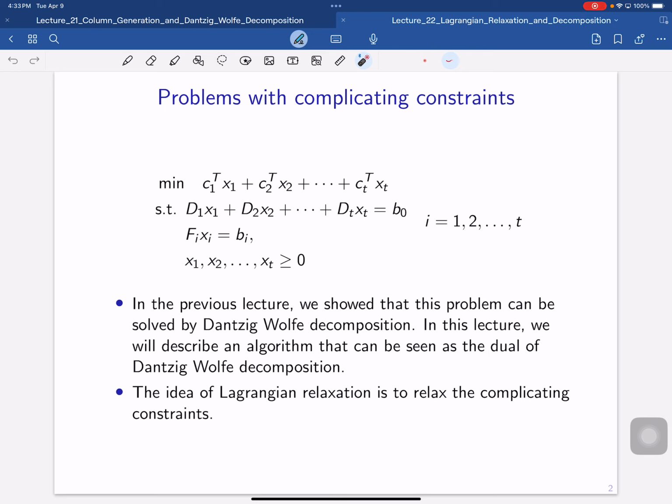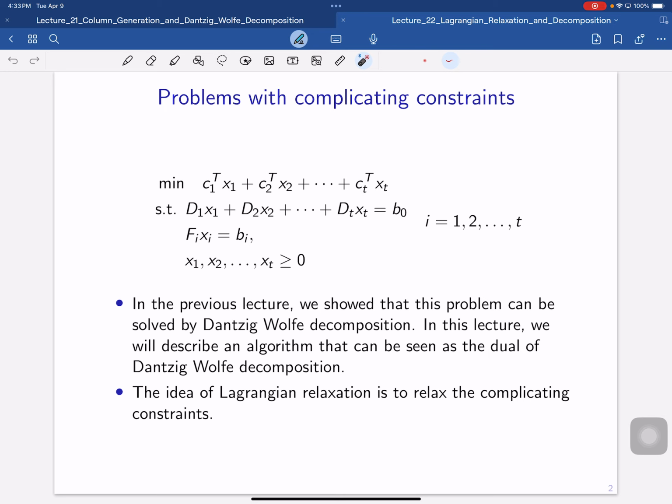The Dantzig-Wolfe master problem essentially only involves these constraints. Instead of writing the problem in terms of x, you write the problem in terms of lambda and mu, the coefficients of the convex combination and conic combination. In each iteration, you generate a column from those subproblems, an extreme point or an extreme ray of the subproblem.